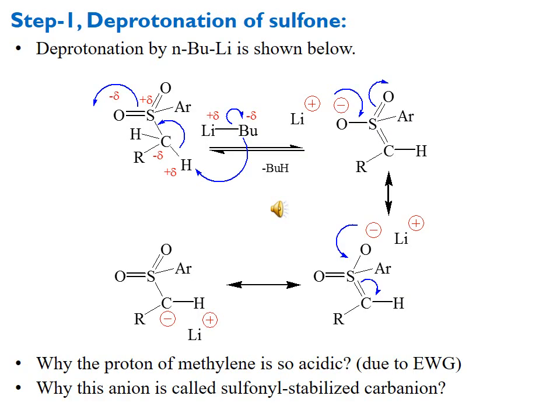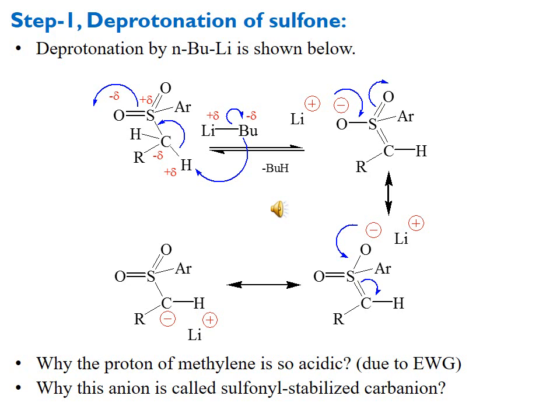The first step of this mechanism is deprotonation of the sulfone. Deprotonation is shown here through n-butyllithium. Here you can see the lithium has a partial positive charge and butyl is partially negatively charged. The sigma electrons between these two move toward butyl, and then butyl, acting as a nucleophile, attacks the hydrogen of the sulfone.